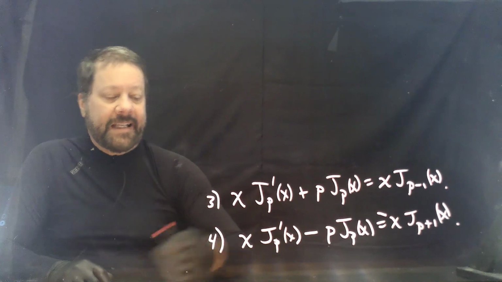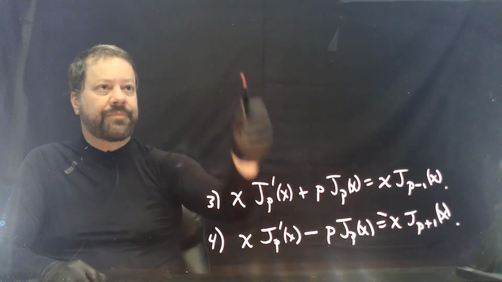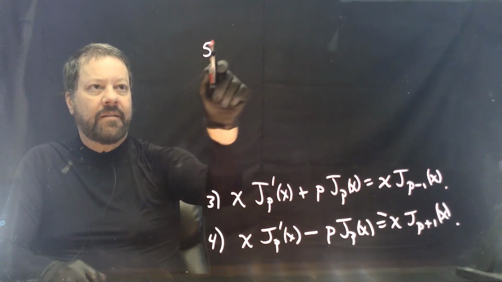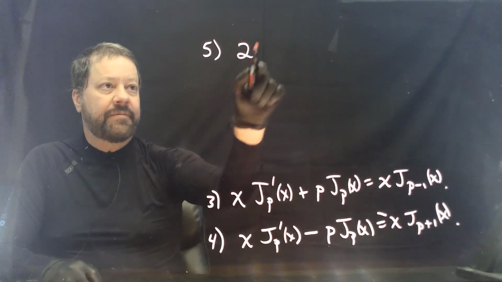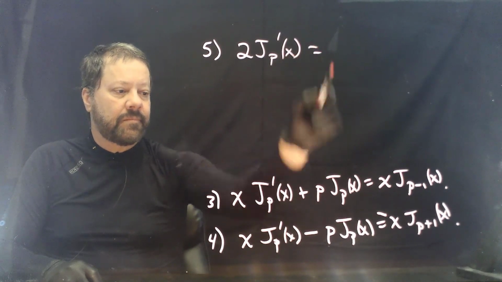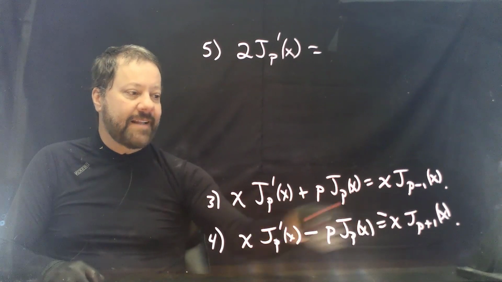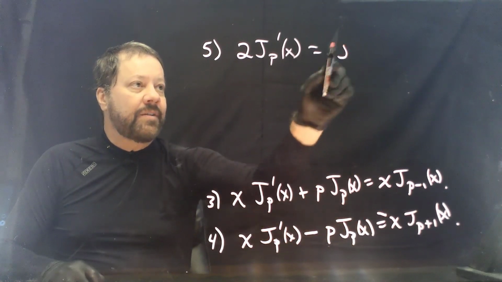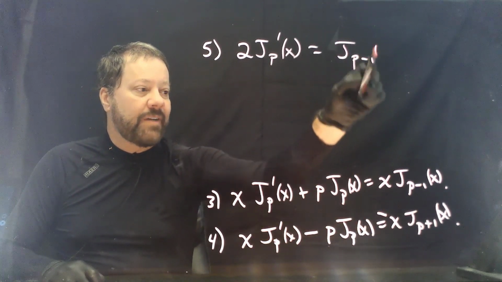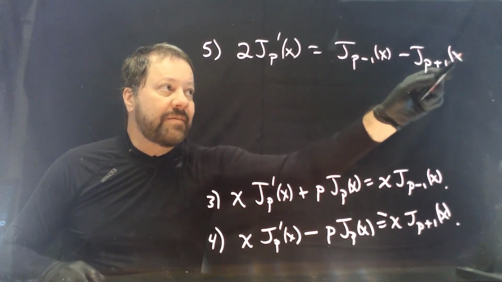It follows immediately by adding the identities in 3 and 4, giving identity 5. You can see that these would cancel, and we're canceling the x off. So we'll have J_{p-1} of x minus J_{p+1} of x.